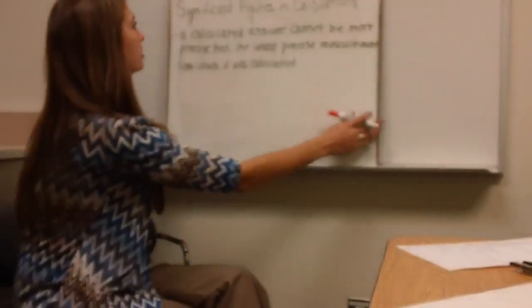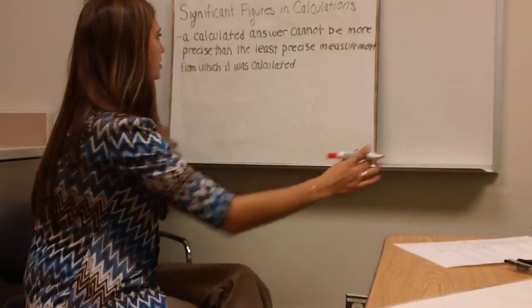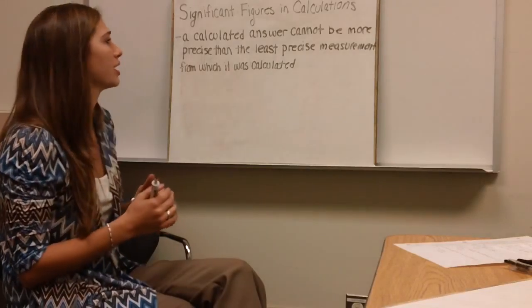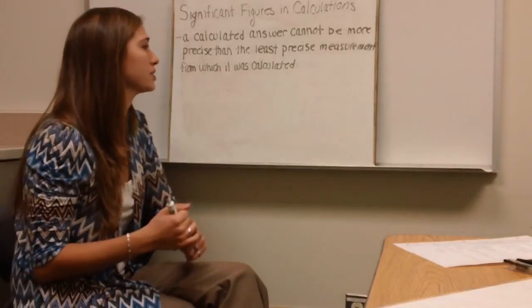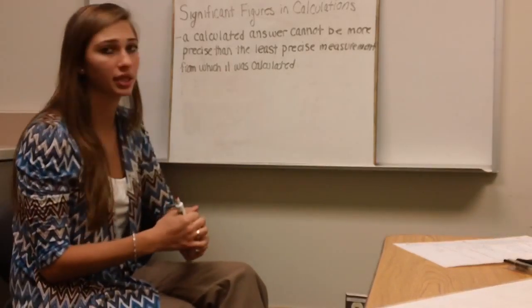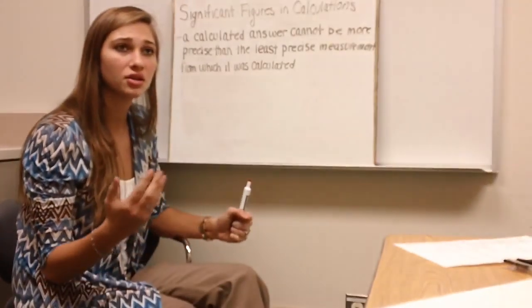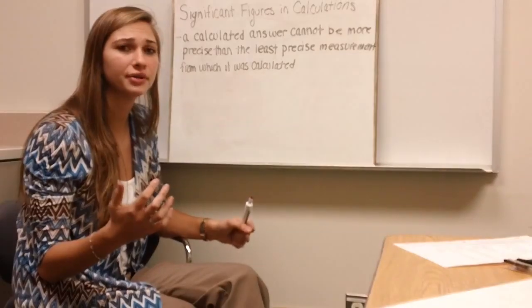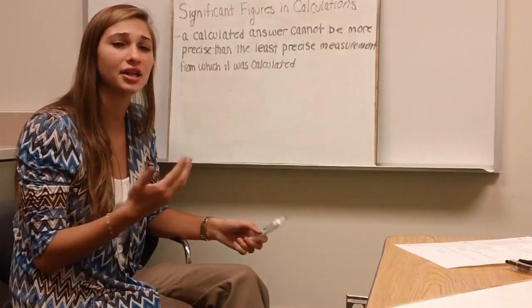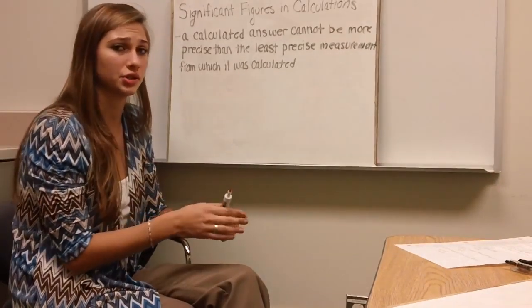Okay, now let's look at significant figures and calculations. A calculated answer cannot be more precise than the least precise measurement from which it was calculated. Which makes sense, because if you're measuring something, your calculated value cannot be more accurate than what you measured.